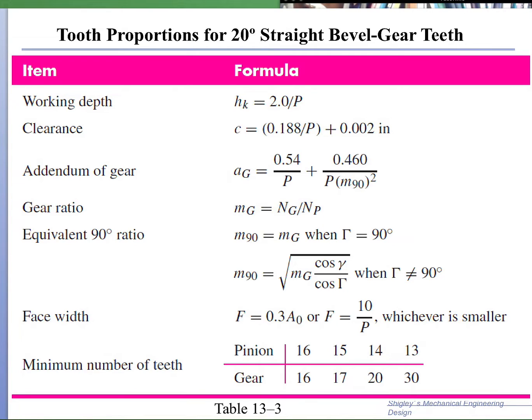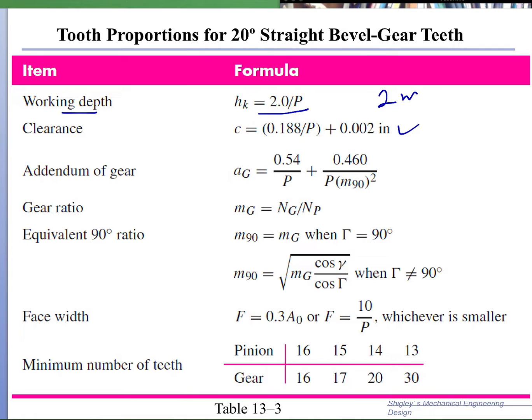And for us, if we're using bevel gears, this table shows us the different formulas for the working depth, which is 2 times 1 over P, which is 2 times M. M is the module, so the working depth is 2 times the module.